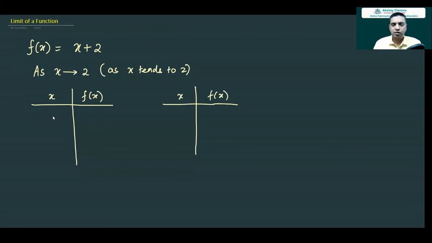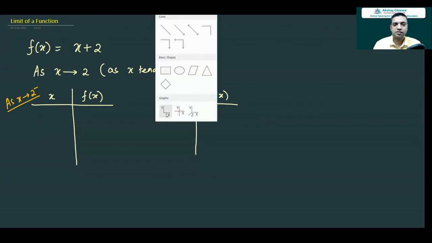What we can do, we can approach from the left. So here I write as x tends to 2 minus. Approaching from the left means I am approaching 2 from the values less than 2.